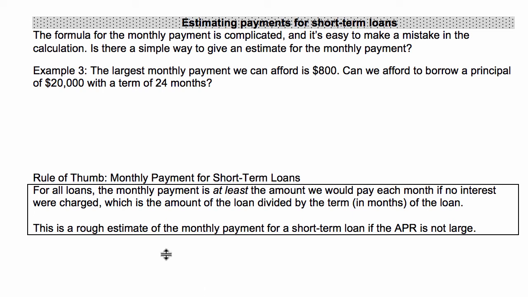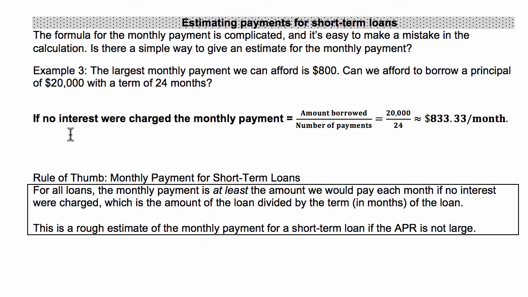In this case, we will divide $20,000 by 24 months. So if no interest were charged, the monthly payment is equal to the amount borrowed divided by the number of payments, that is 20,000 divided by 24, or approximately $833.33 per month.